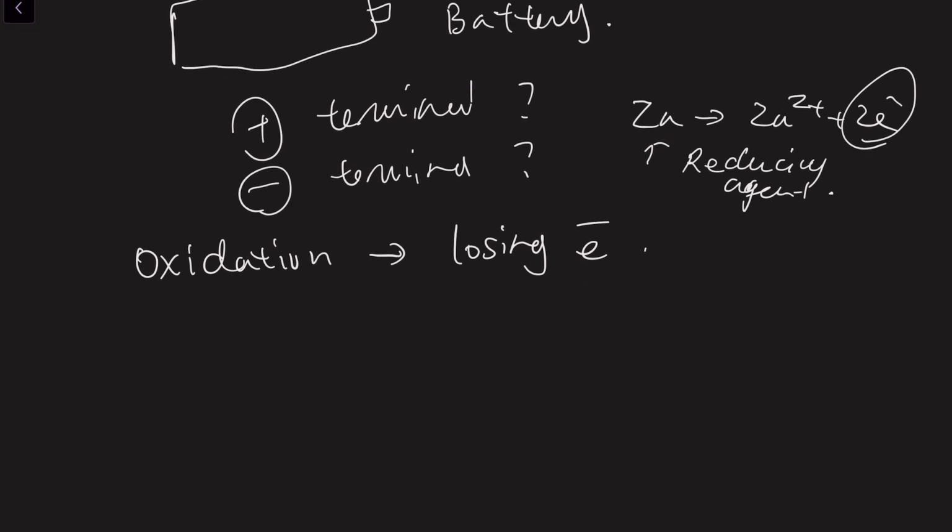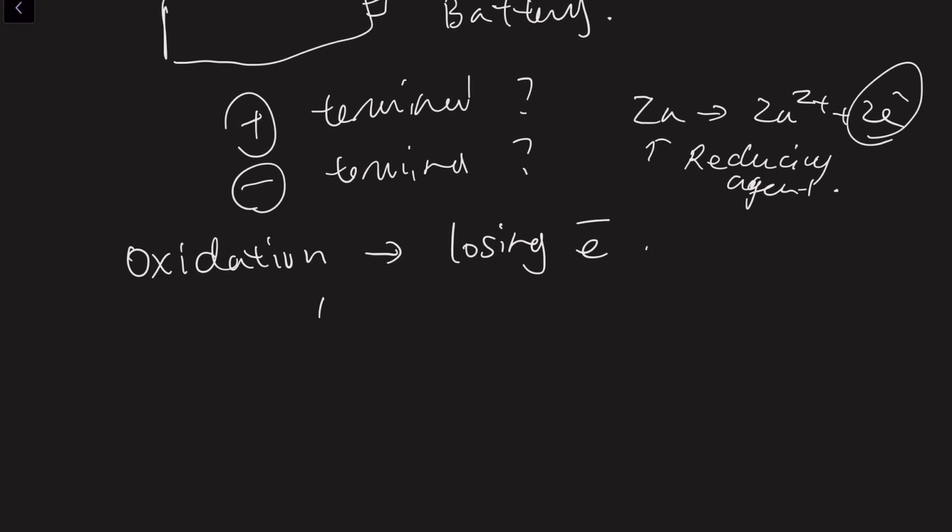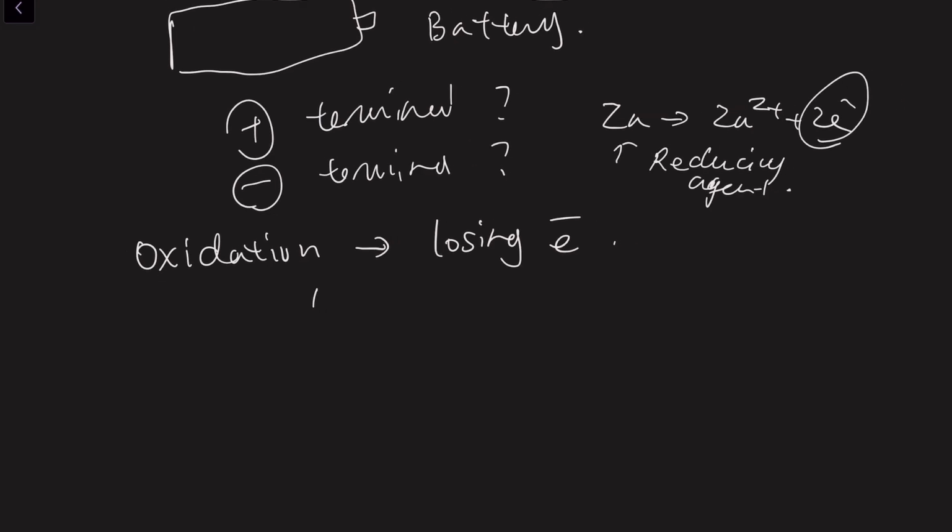So we know that something with the same charge would repel. So if you have something negatively charged, it would repel electrons. And that's why the site where oxidation occurs is the negative terminal.